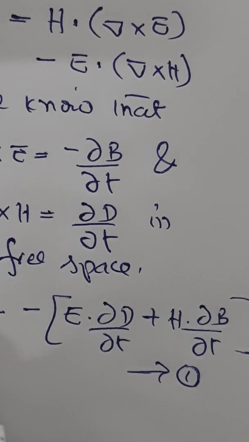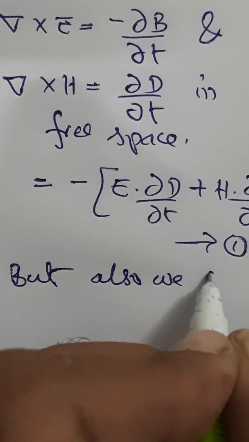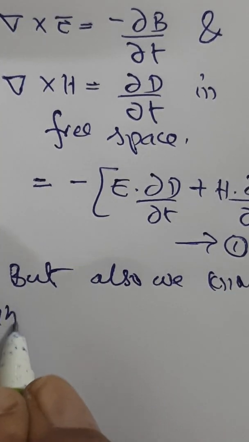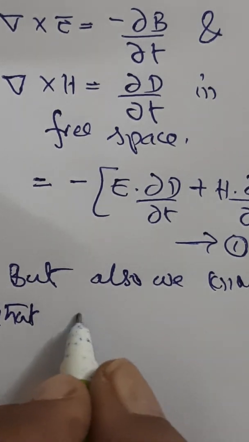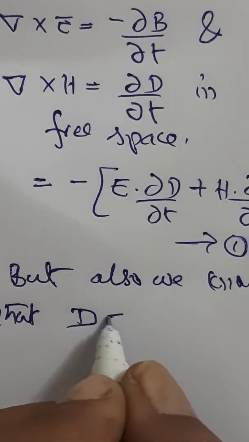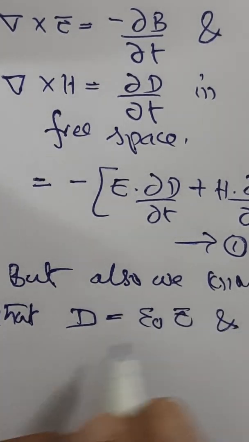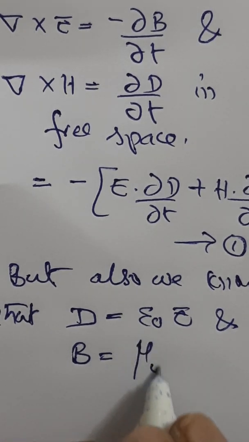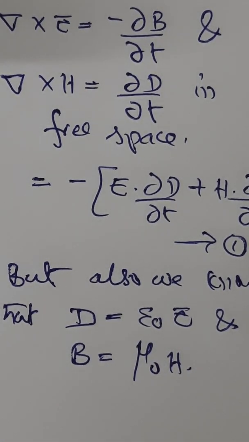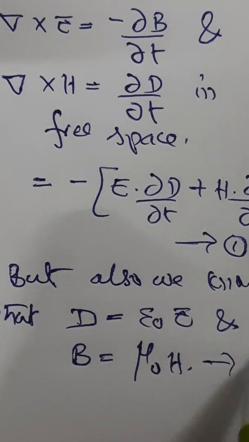But also we know that displacement D is epsilon E and field value B is mu naught H. So you can call this equation 2.